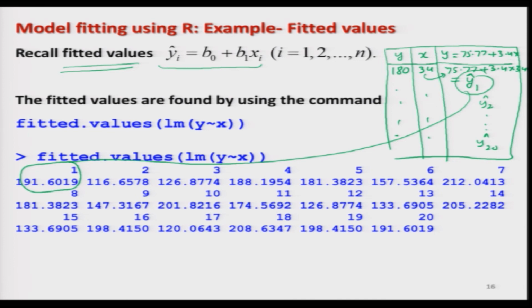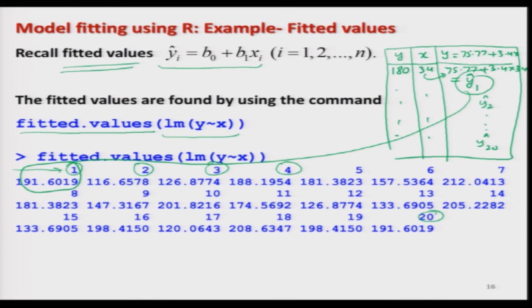This can be obtained by the command fitted dot values, and inside the parenthesis you write lm of y tilde x. You can see here once again 1, 2, 3, 4 up to 20. These are the 20 observations.